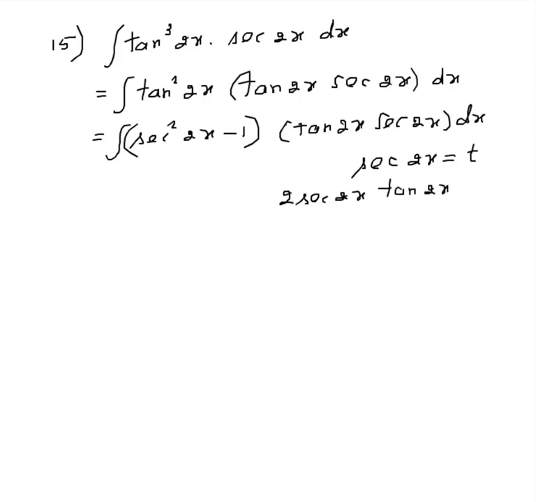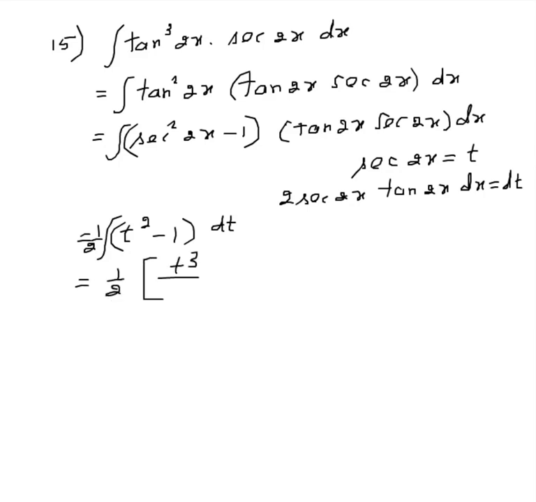Chain rule: first secant has to be differentiated and then 2x has to be differentiated. Into dx is equal to dt. Let's substitute. Therefore we get integral (t square minus 1) dt divided by 2. Divided by 2, let me write it outside.